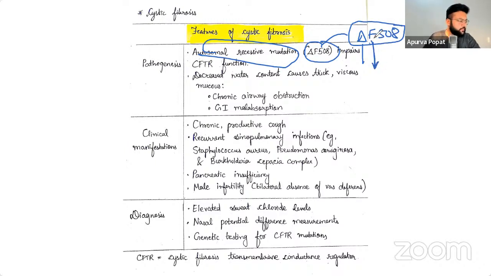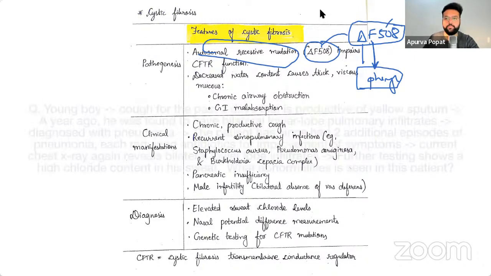Phenylalanine. There is deletion of phenylalanine at 508 position. That's the meaning of delta F508 in cystic fibrosis. And because of that, there is CFTR malfunction. We'll be talking a lot about cystic fibrosis in this session. All right, let's keep moving.